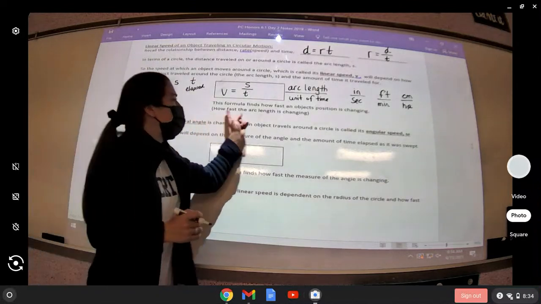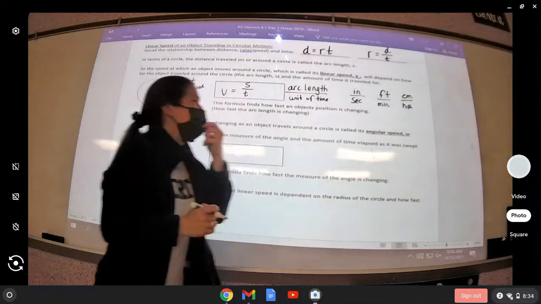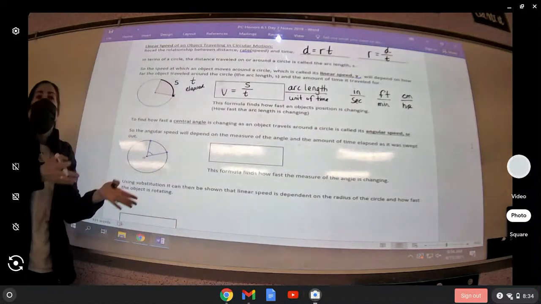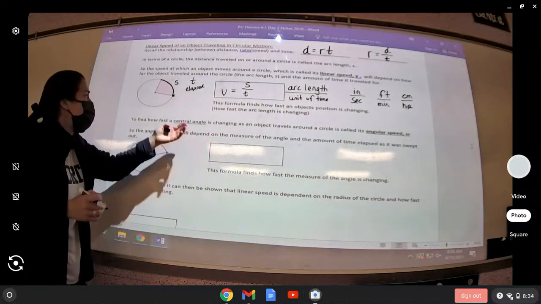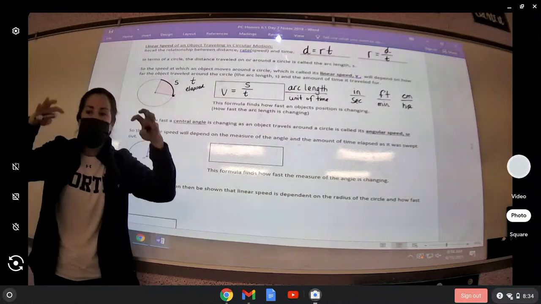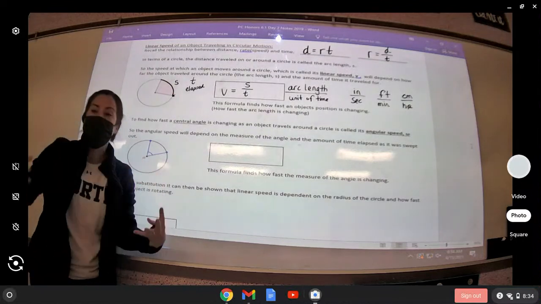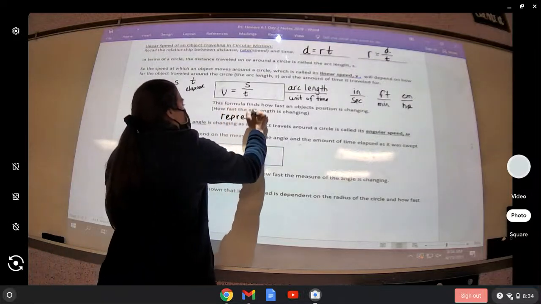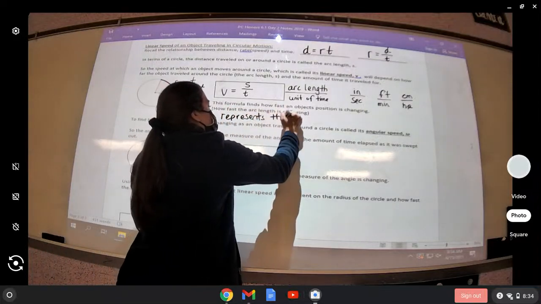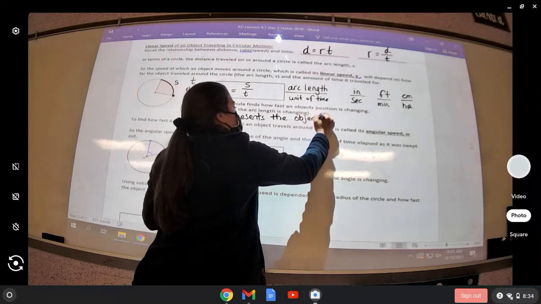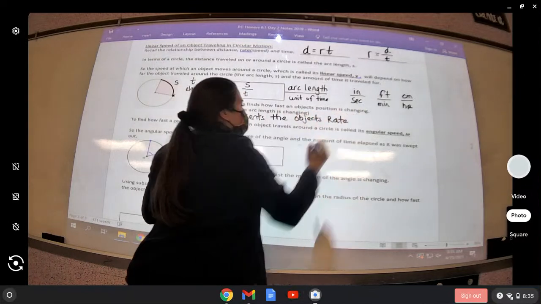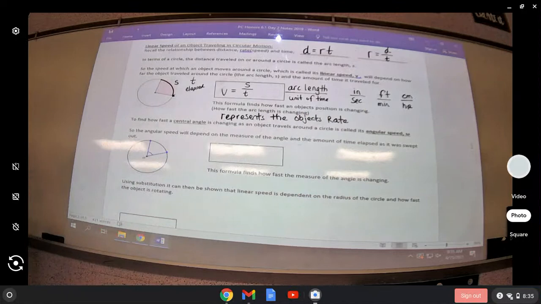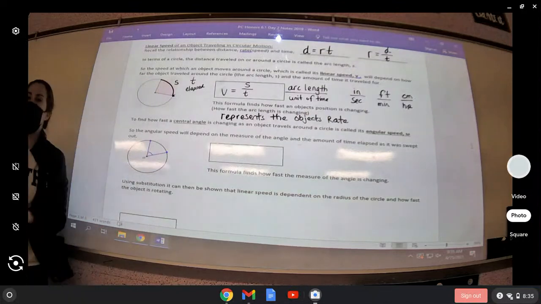So this formula finds how fast an object's position is changing, or how fast the arc length is changing. Basically, it's calculating the object's rate. How fast is that object moving around the circle?